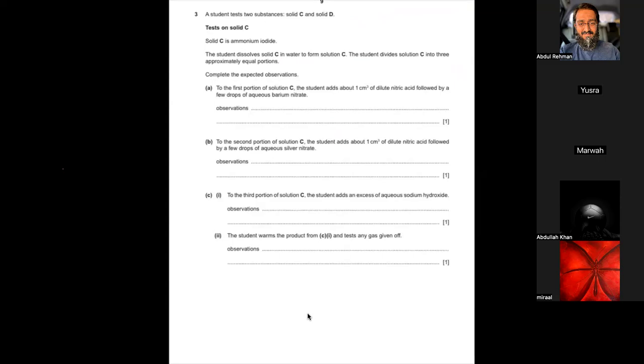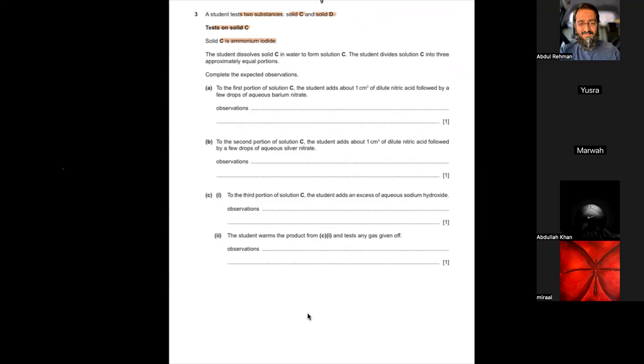Okay, now question number 3. A student tests two substances, solid C and solid D. Test on solid C. Solid C is ammonium iodide. So they have told you what solid C is.